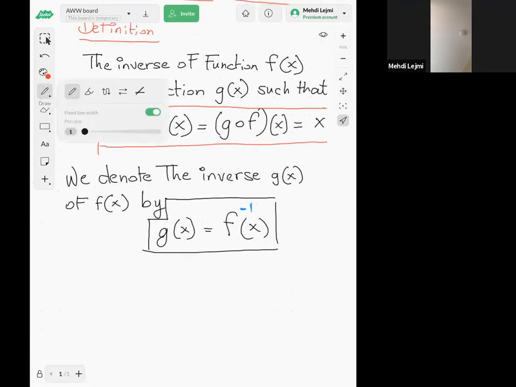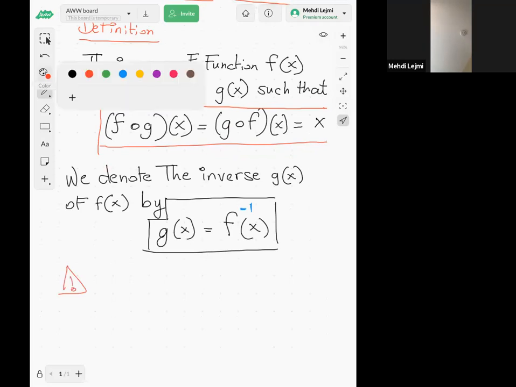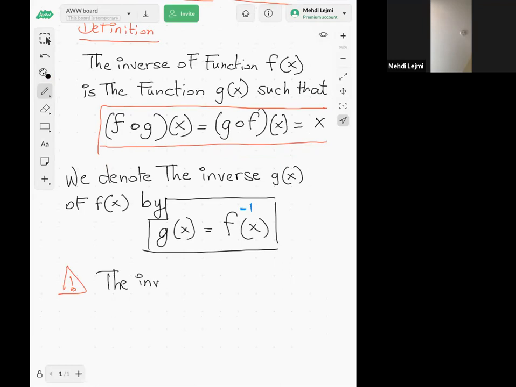So the inverse of f of x is not, in general, the reciprocal. It's not 1/f of x.